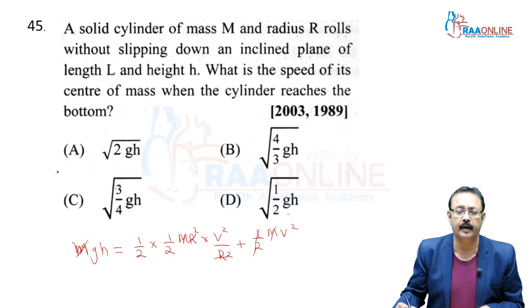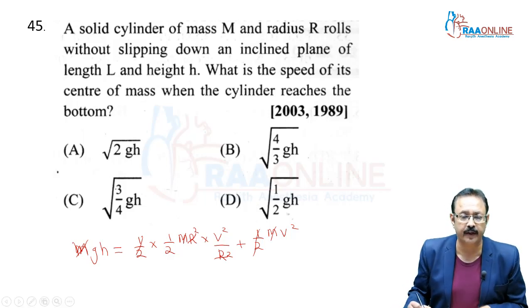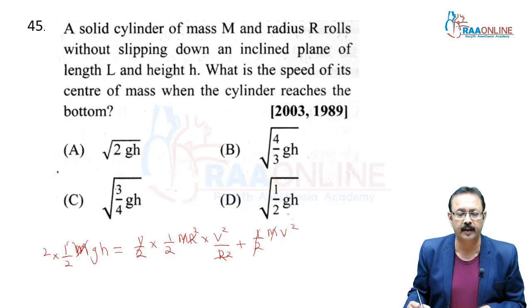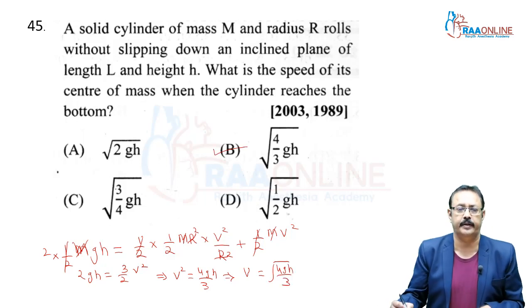We can cancel the half if we write half into 2. So now what we are getting? 2gh is equal to half v square plus v square, 3 by 2 v square. It means v square is 4gh by 3. This implies v should be root of 4gh by 3. So we are going with B.